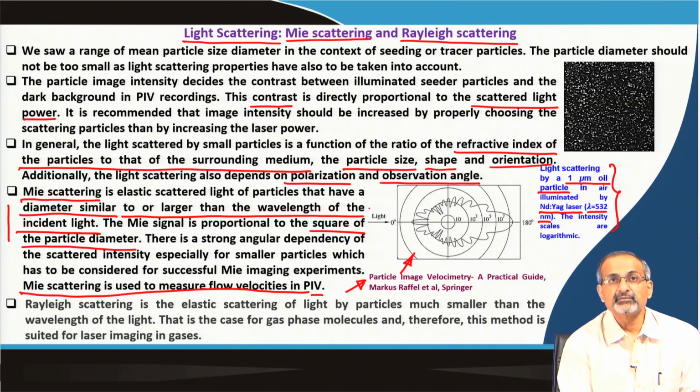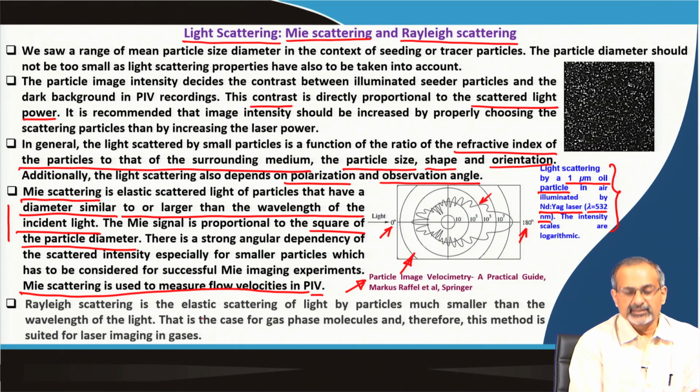The light approaches from the left, which is taken to be 0 degree, the opposite end is 180 degree, and the scattering is basically given by this profile. You can see that between circles, which are indicative of the intensity scales, there is a factor of 100. So, how the light scatters over a range of 0 to 180 degree, or typically between 0 to 360 degree, is visible over here.